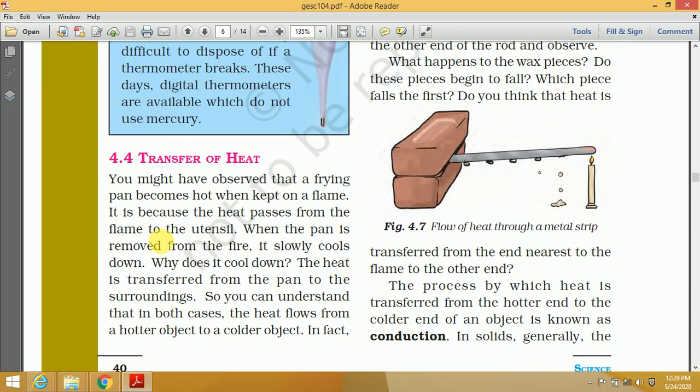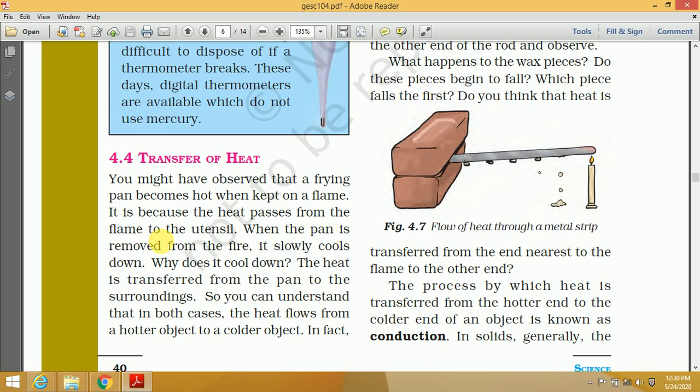So here the example of the pan is taken. That means when the pan is kept on the flame, it will become hot. Why? Because the flames are hotter than the pan. So heat will flow from the flames to the pan.